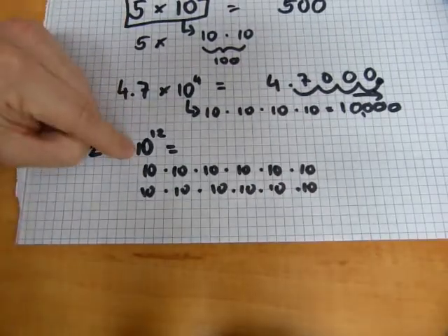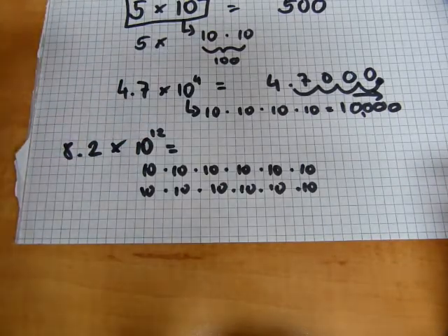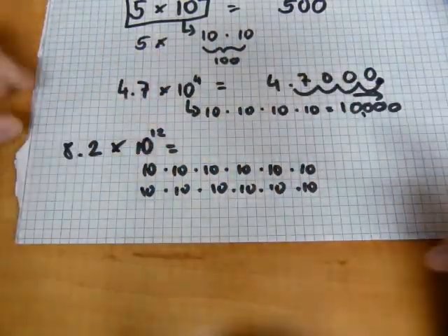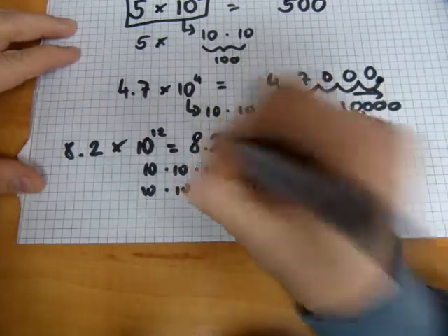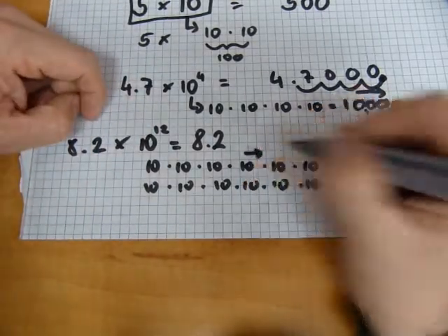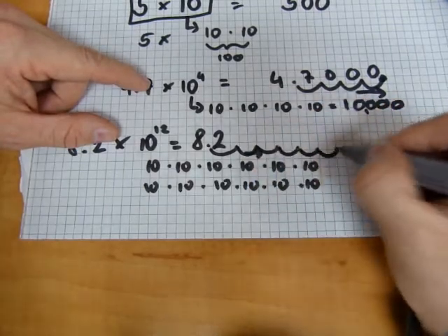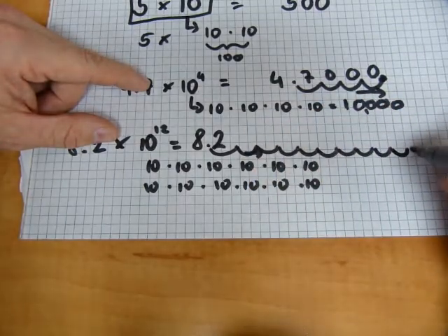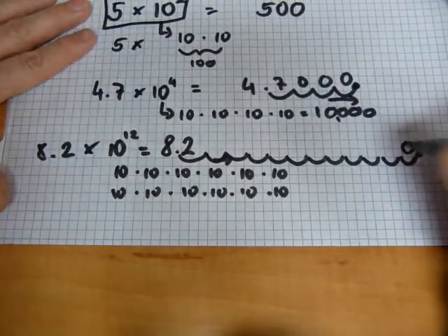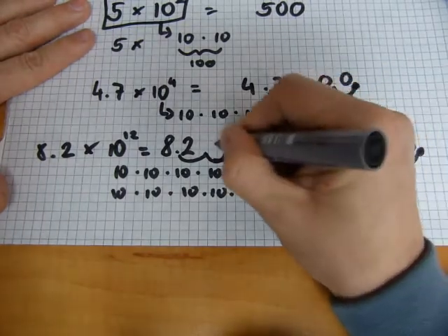In other words, 1 is followed by 12 zeros. So, to get this number in its standard format, it is 8.2, and you move the decimal dot 12 spots over, going that way. That's 1, 2, 3, 4, 5, 6, 7, 8, 9, 10, 11, 12. Decimal dot stops there and rests there, and fill it in with extra zeros, just like so.